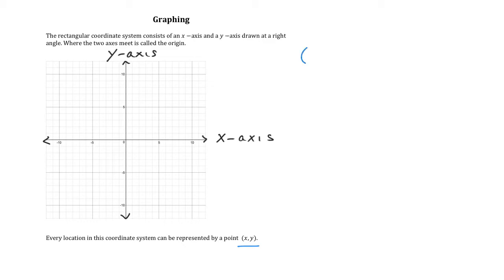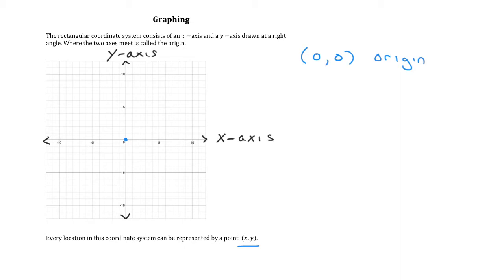For example, if we start with (0, 0), we call this the origin. X equals 0 and y equals 0 means you're starting right here. If we start changing the numbers to plot a different point, I'll just mark this as (0, 0).